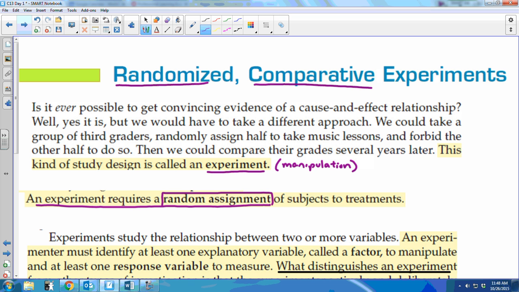No, right? So by randomly assigning, we're kind of equalizing the playing field, right? By randomly assigning, we're just saying, I didn't pick certain ones. I'm just putting them here and here and here. I'm trying to get rid of any bias or any underlying factor I might not know about by randomizing. All right? Okay, so randomizing is going to be an important step.